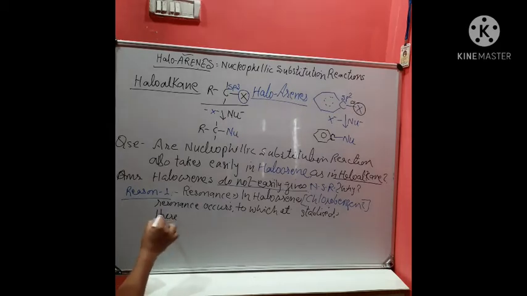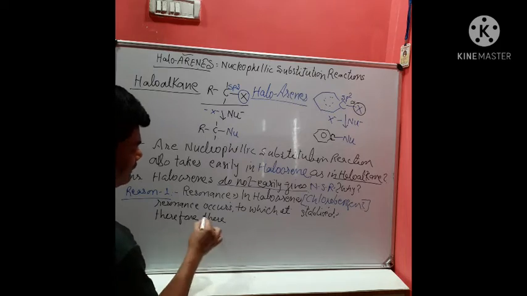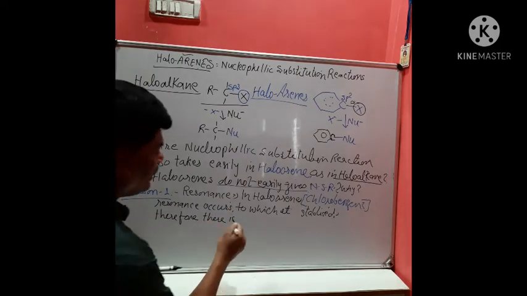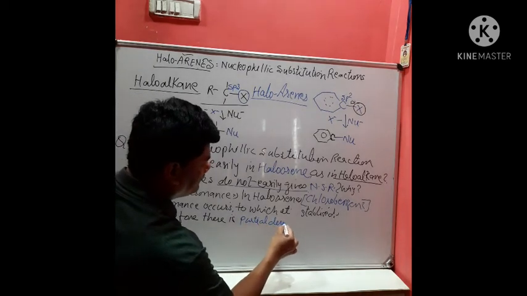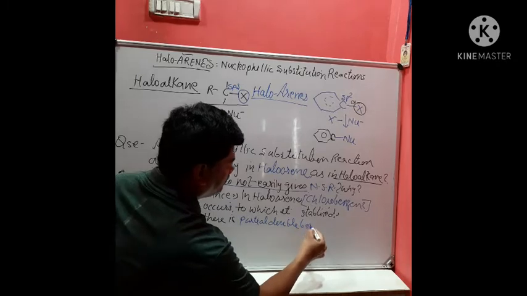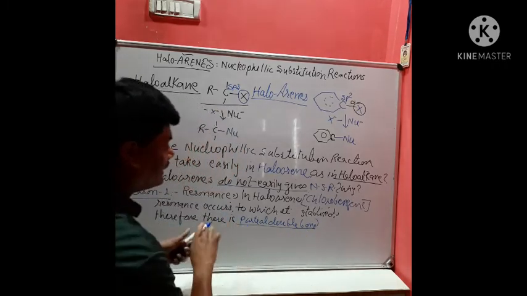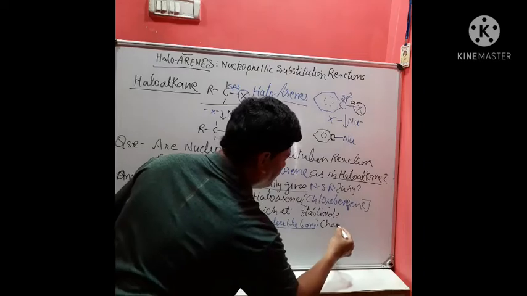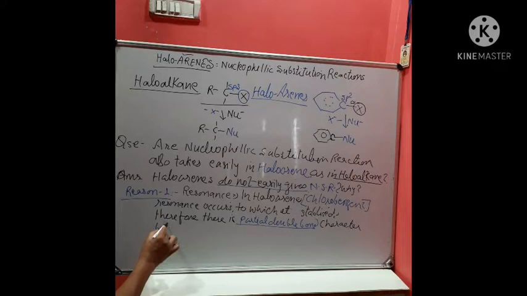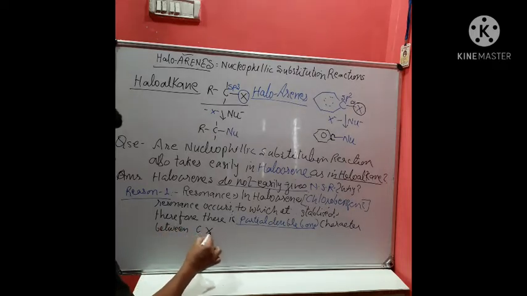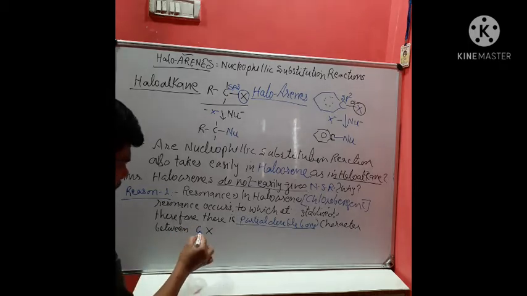Therefore there is partial double bond character between carbon and halogen. We express it by a dotted line.